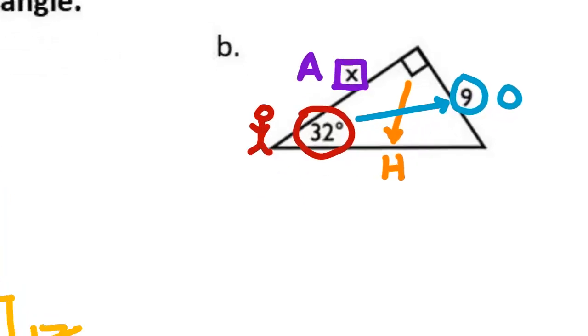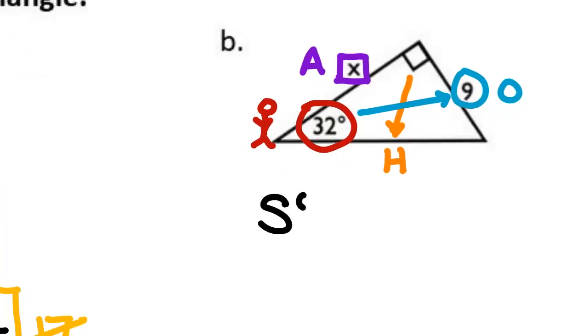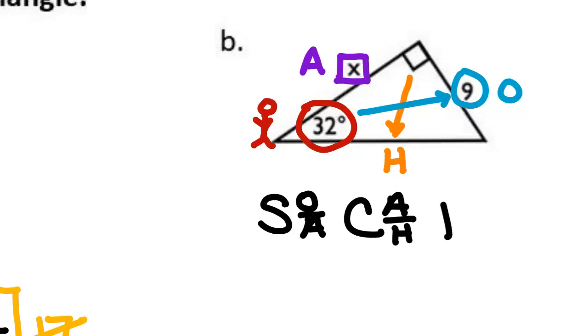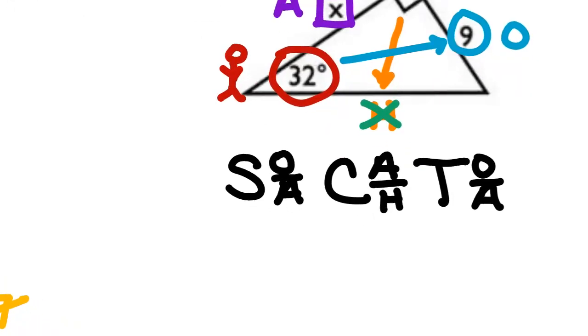We need to figure out which trig function we're going to use, so we write down SOHCAHTOA. Which of those three sides do we not have any information about? H, the hypotenuse. So we're not going to be able to use any of the functions that use the hypotenuse. Which functions use the hypotenuse?